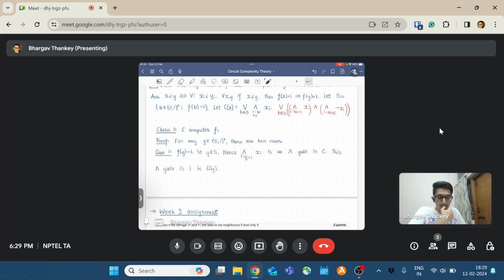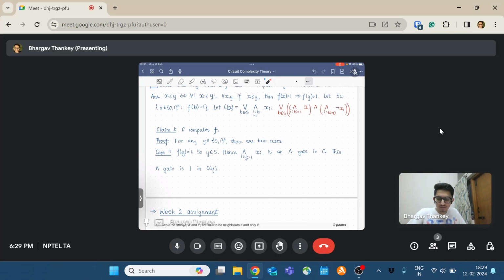By that argument, if f of y is equal to 1, then it is one of those ANDs in the tree which has this particular y as its input. Y is fixed, and we are searching for it.